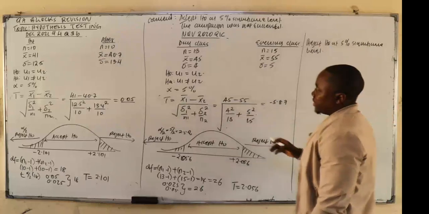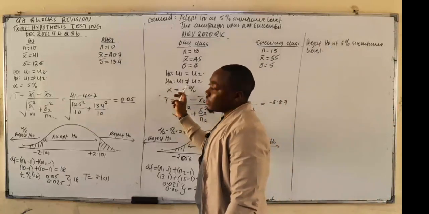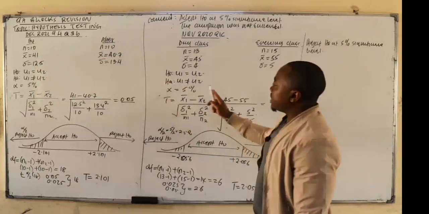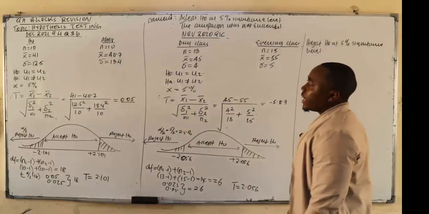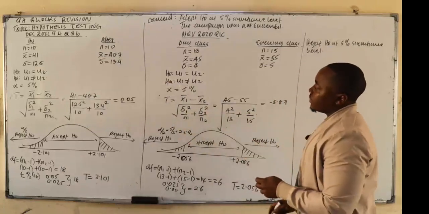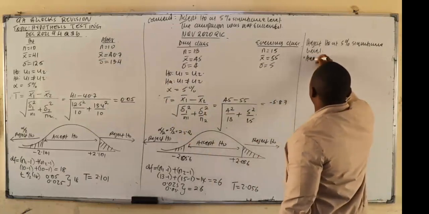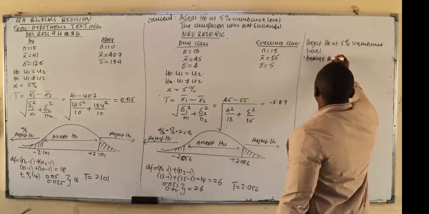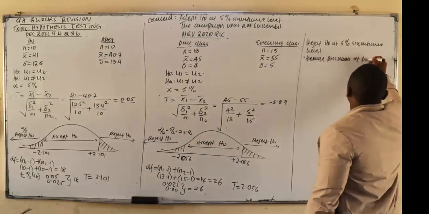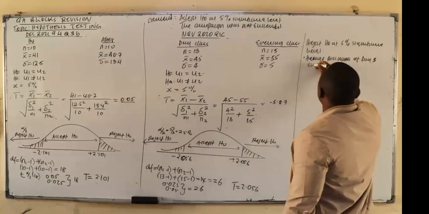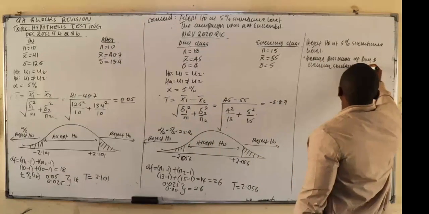What does it mean? If we reject the null hypothesis, that means we accept the alternate hypothesis, that the mean of 1 is not equal to the mean of 2. So if the means are not the same, that means the average pass mark of day and evening students is different.